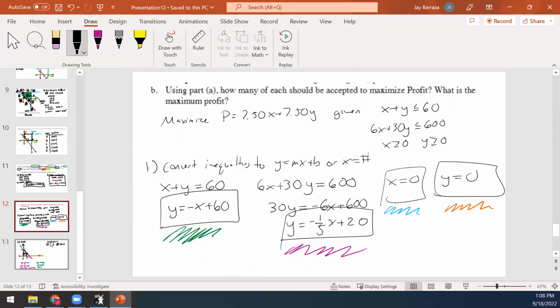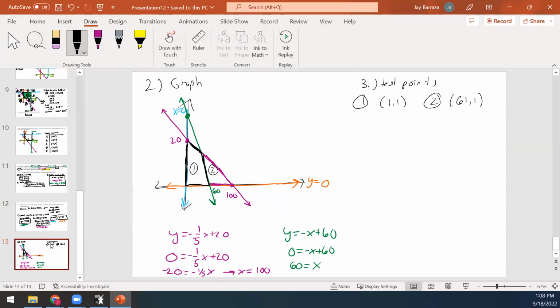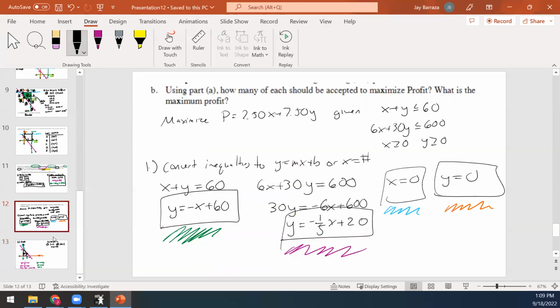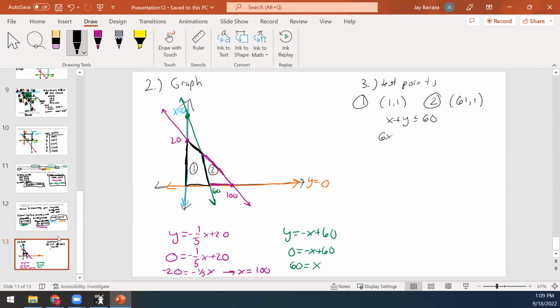Our inequalities are x plus y is less than or equal to 60. Our other inequality is 6x plus 30y is less than or equal to 600. X has to be a positive number, y has to be a positive number.